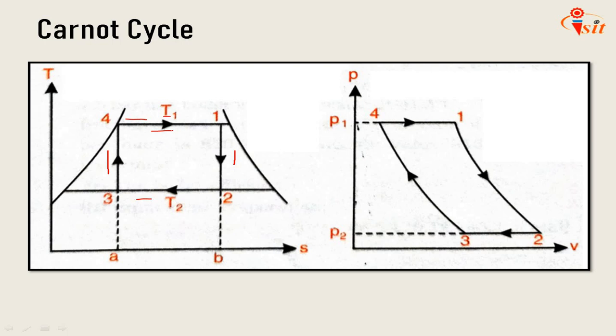Operation 1 to 2 is steam is expanded isentropically to a temperature T2 and pressure P2. The point 2 represents the condition of steam after expansion.